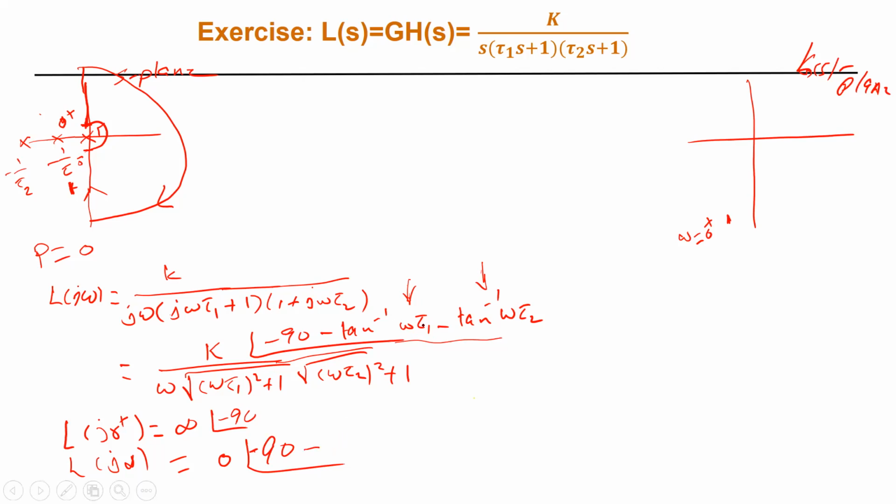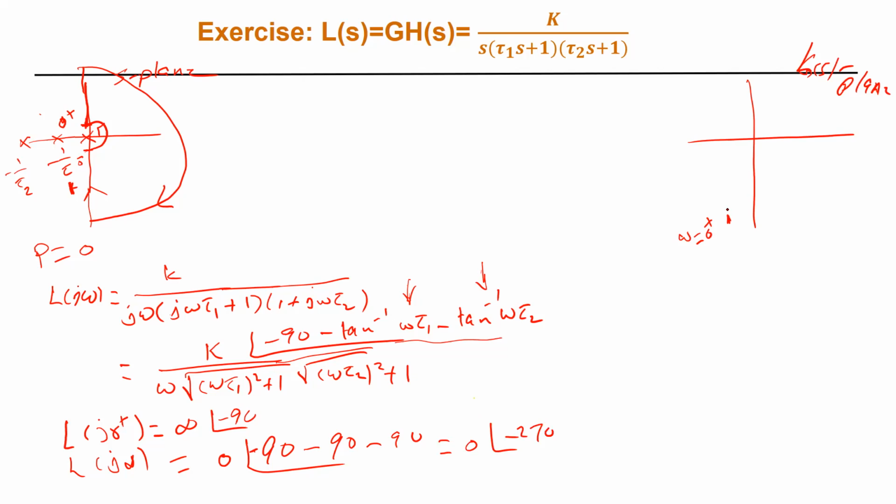Tan of the angle is infinity, isn't it? It means that the angle will be 90. So minus 90 and minus 90, minus 270. So this is equal to 0 with an angle of minus 270.